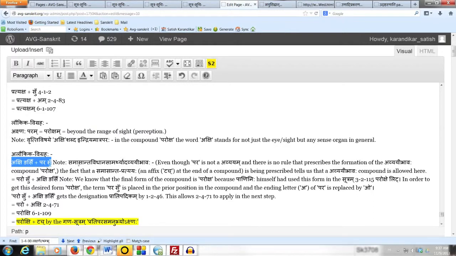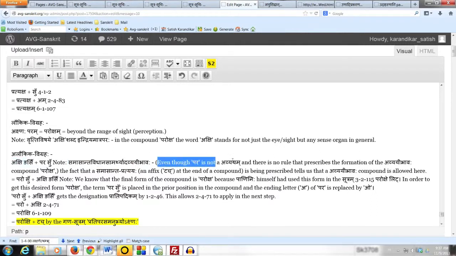Question now comes is that which sutram may be used to justify this compound? And as it turns out, there is no sutram to justify this compound. That is why the note here says that samasanta vidhana samarthyad avyayi bhavaha.